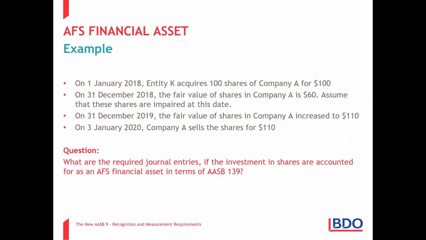So the question is, what are the required journal entries in the records of Entity K if the investment in the shares of Company A is accounted for as an available for sale financial asset in terms of AASB 139? Now, in order for it to be available for sale, it cannot be held for trading, so there has to be some kind of longer term perspective around it.